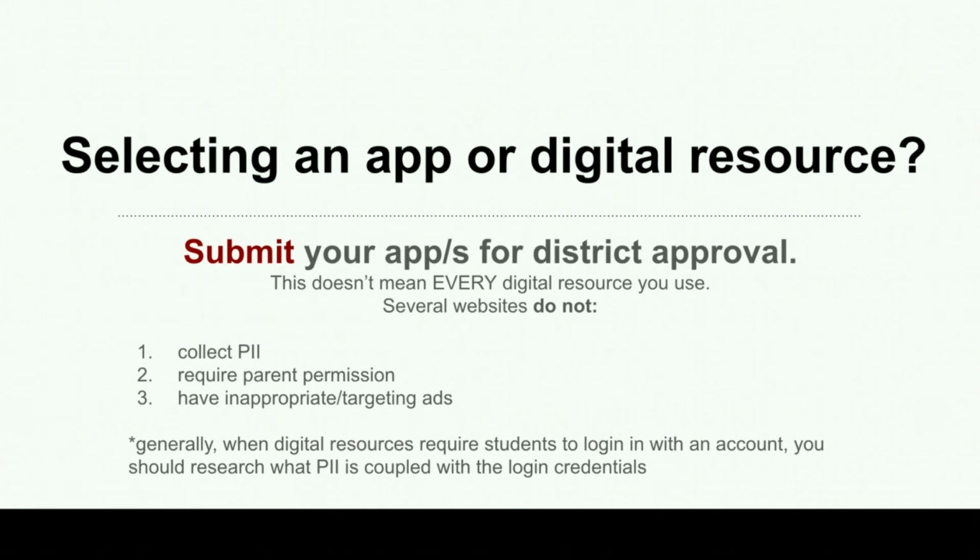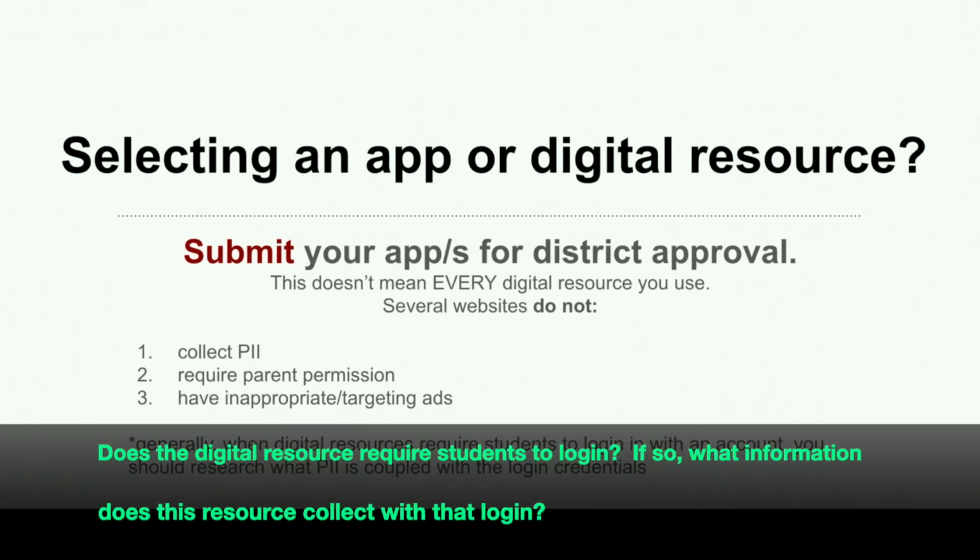Do I have to communicate to parents and guardians about all of the digital resources I use? No. Several websites do not collect personally identifiable information or require parent permission, or display or redirect to inappropriate ads. A good rule of thumb is to note whether the resources use a login to access or use it.